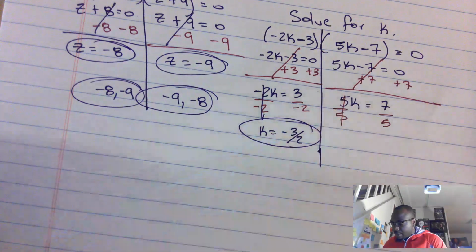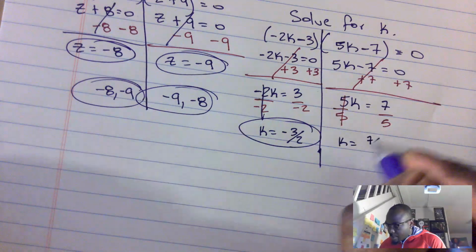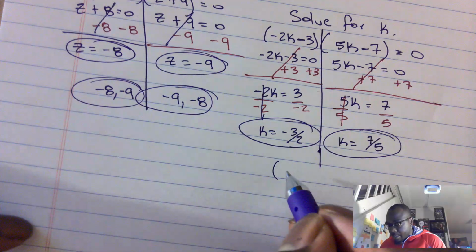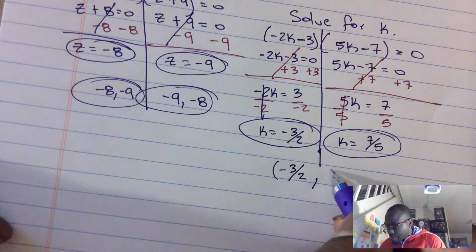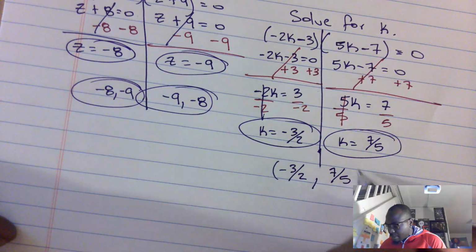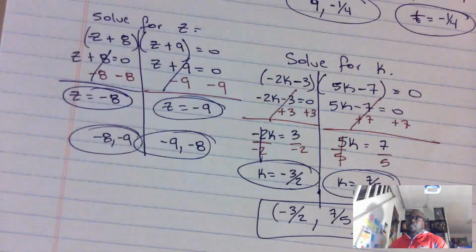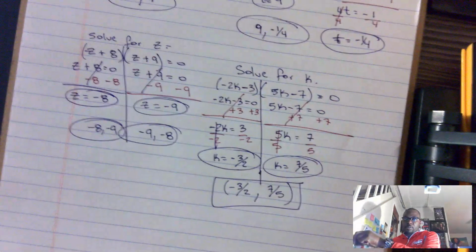So these cancel, and k is equal to 7 over 5. Again, on IXL, you're going to enter your answer as negative 3 divided by 2, comma, 7 divided by 5.